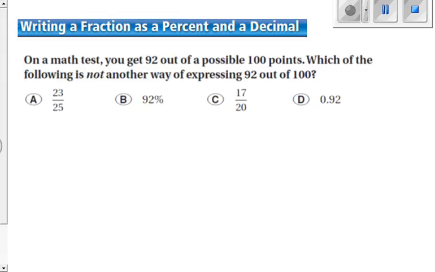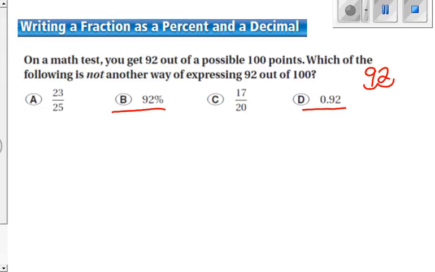So we know B is correct because 92% is 92 out of 100. If we write 92% as a decimal, we take away the percent sign, move the decimal twice to the left, we end up getting D. So we know B and D are both good answers. It's asking for what is not a good answer.